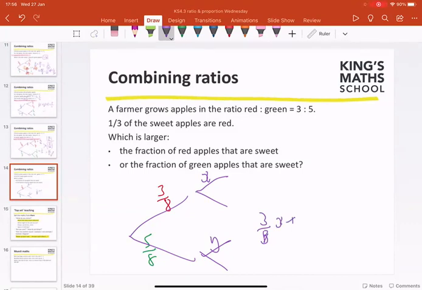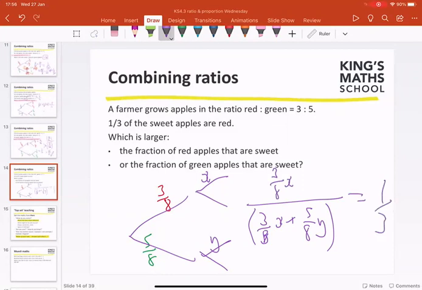Also, the fraction of apples that are sweet is 3/8 x plus 5/8 y. And of that, the red ones are 3/8 of x, and that has to equal 1/3. So that's the equation we're solving: 3/8 of x out of 3/8 x plus 5/8 y must equal 1/3.